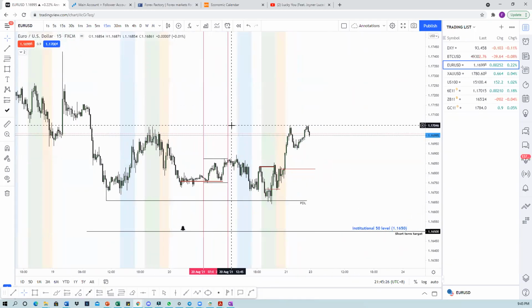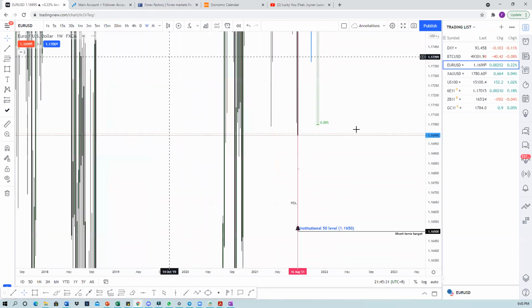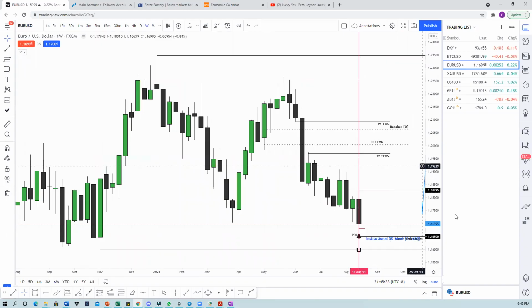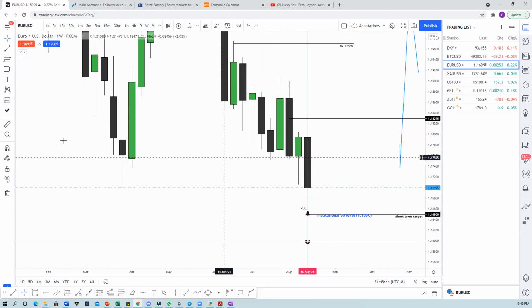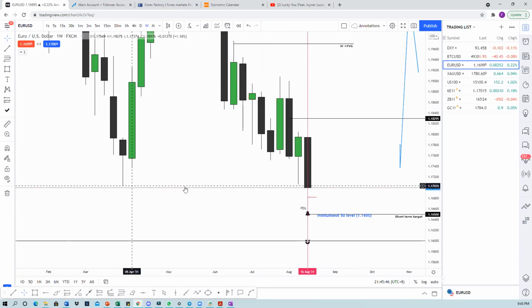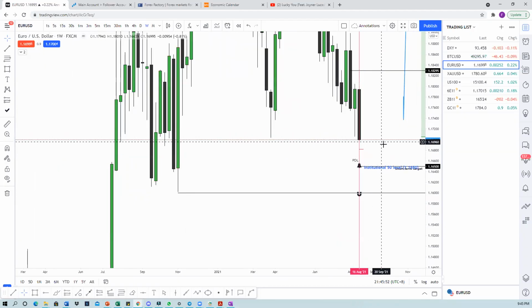And now why am I saying that? I'm saying that because if you take a look at the weekly, what can you see? You have the break, the body closure, the break, meaning what? Chances are it's going to cascade lower, looking for a PD array.